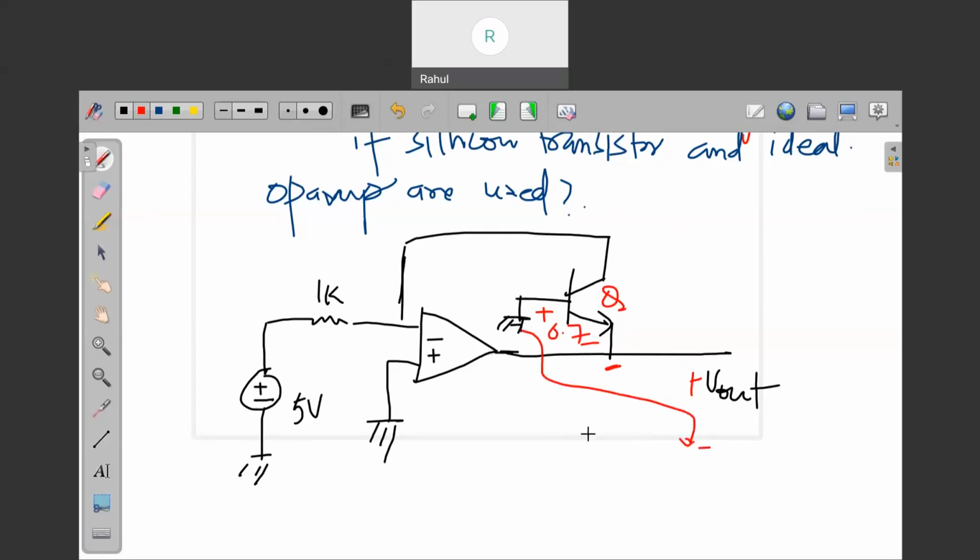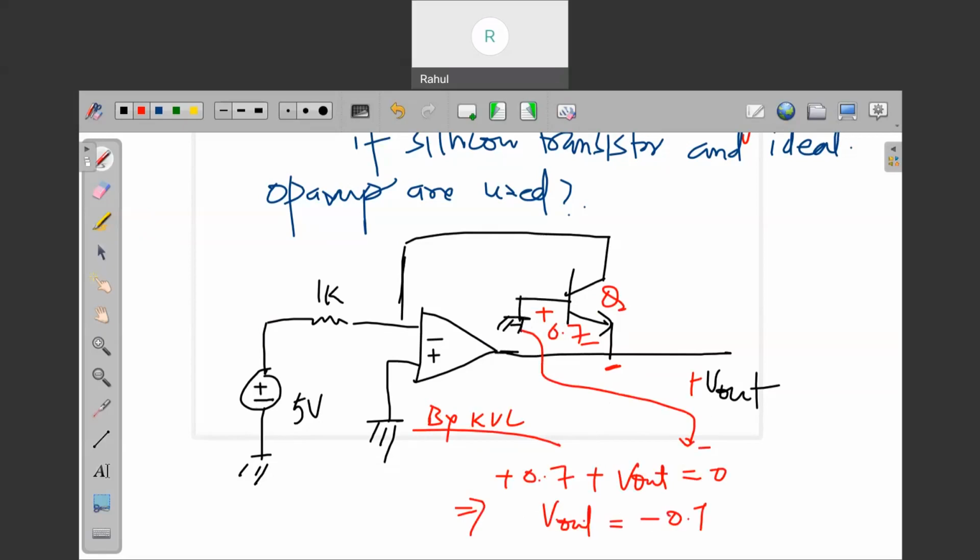So by KVL, 0.7 plus V out equals 0. So V out will be minus 0.7. So this was the answer for this question.